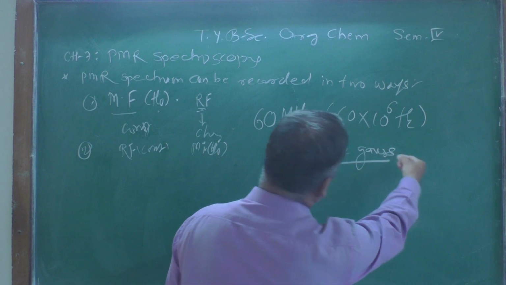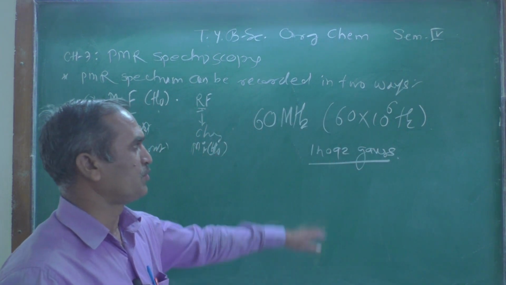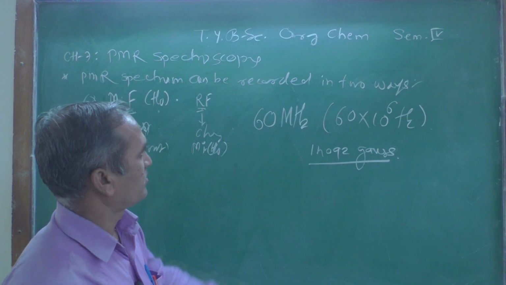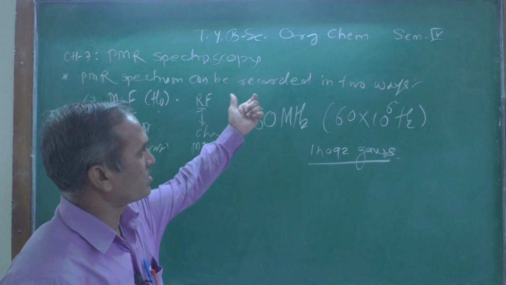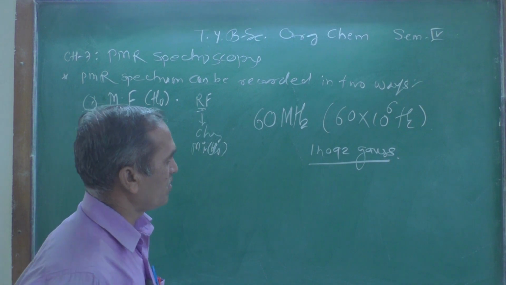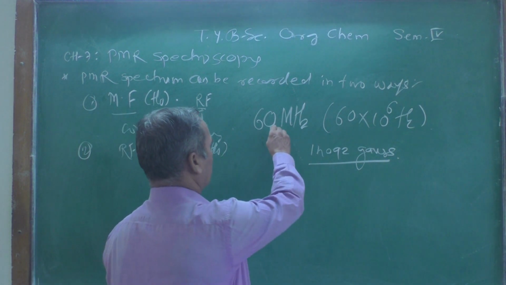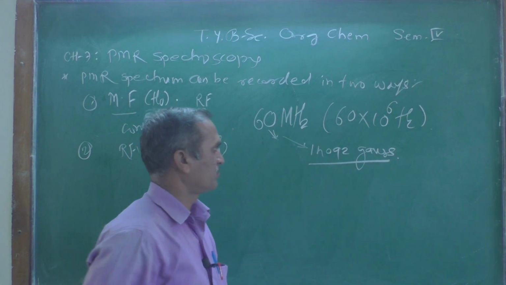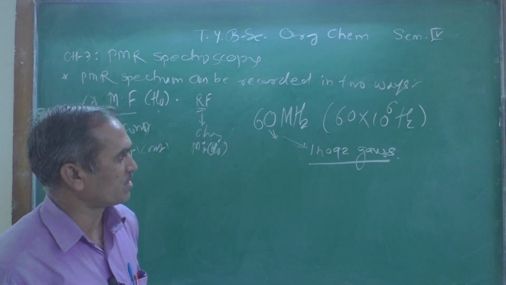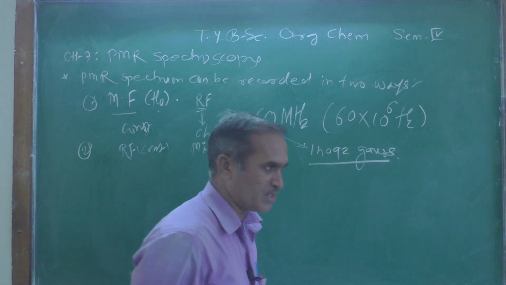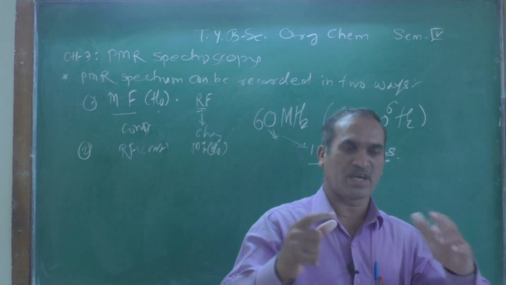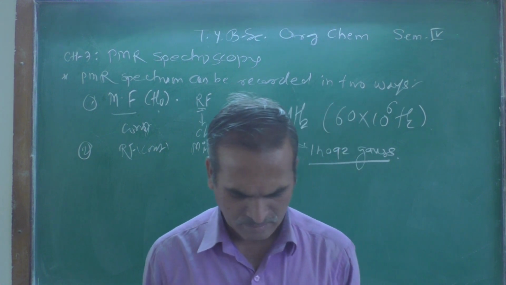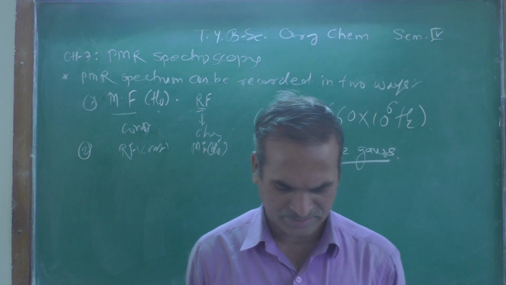Gauss is the unit of magnetic field, and megahertz is the unit of frequency. This 60 megahertz radio frequency corresponds to 14,092 Gauss, which is the magnetic field, and when perfectly matching it produces a signal. That instrument is fixed.